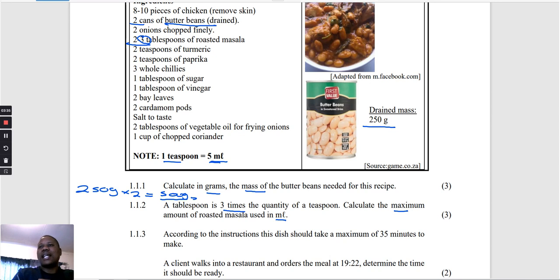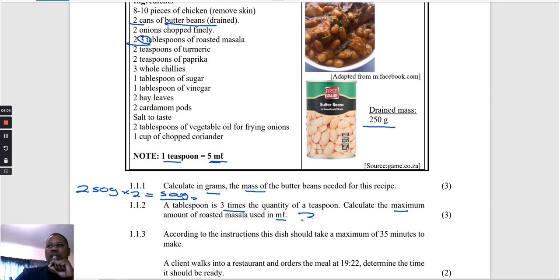Okay, and then here you have the relationship between teaspoon and milliliters. You don't have the relationship between tablespoon and the milliliters. And the spoons of the masala there is given in tablespoons, not in teaspoons. Okay, so what are we going to do? We are now going to convert our tablespoon into teaspoon.